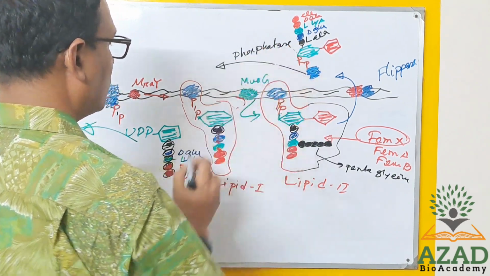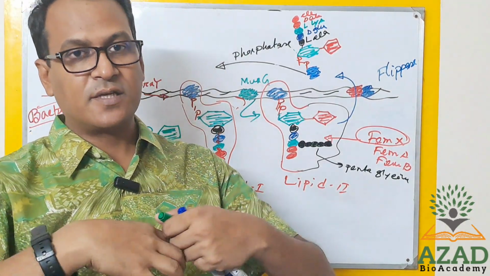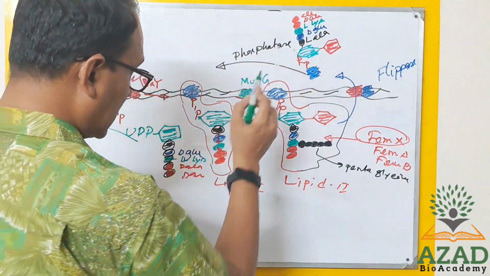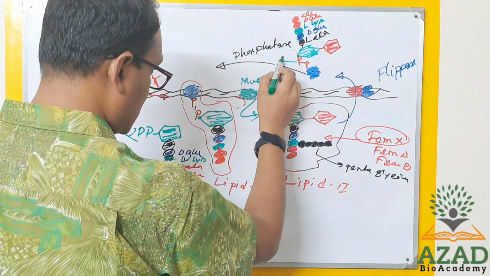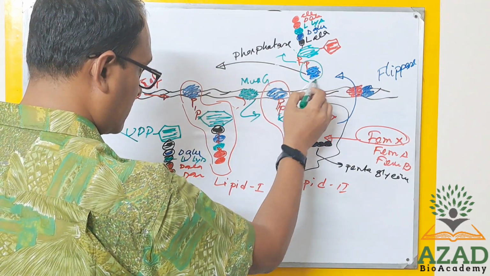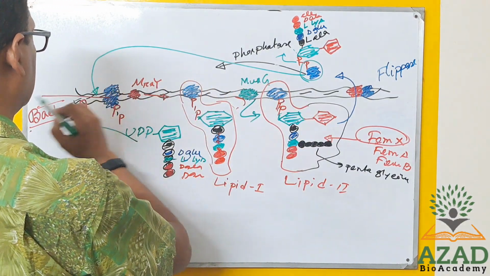Phosphatase. You know the function of phosphatase, that means it will dephosphorylate. So from here, the phosphate will come out, and the single phosphate carrying bacterioprenol will again be embedded in the membrane at the initial stage.